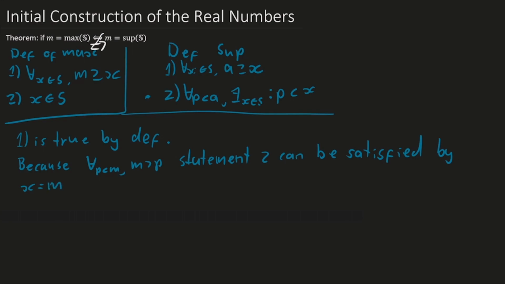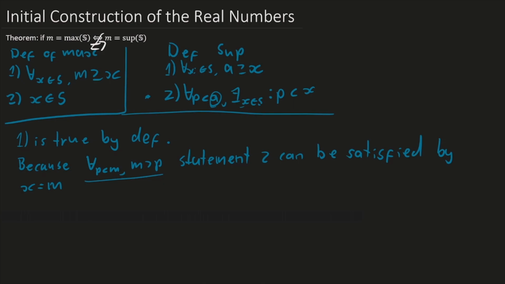Right, so statement 2, if we choose this x to be equal to m, then we have p is less than m, and for all p being less than m, because remember, we're trying to prove that this is true for m, so all our a's turn into m. So for all p being less than m, there exists some x in the set, yes there does, m, such that p is less than m, because that's this reflexive statement here.